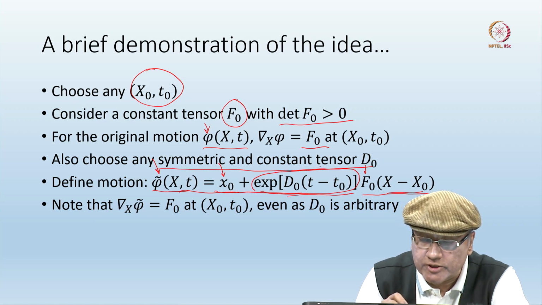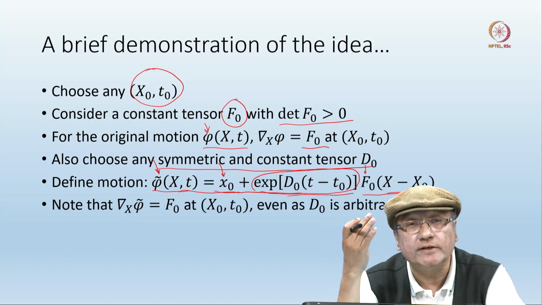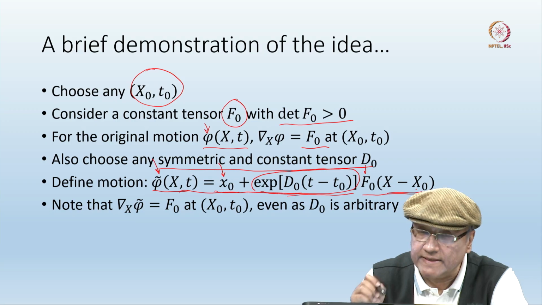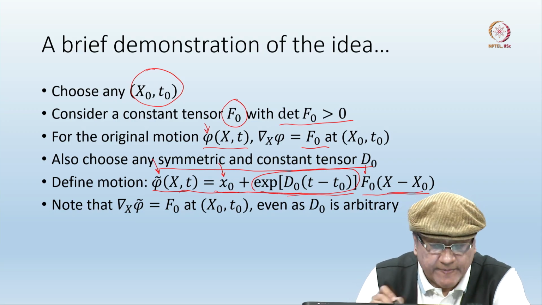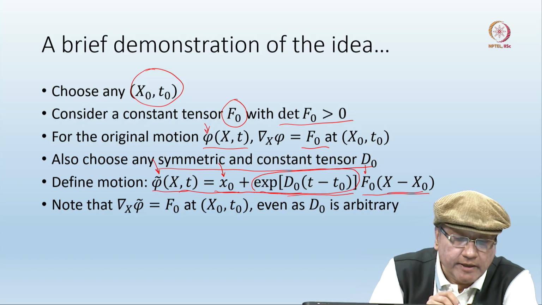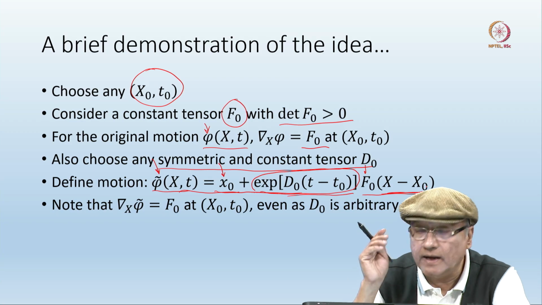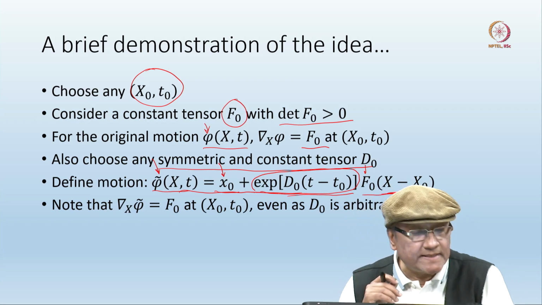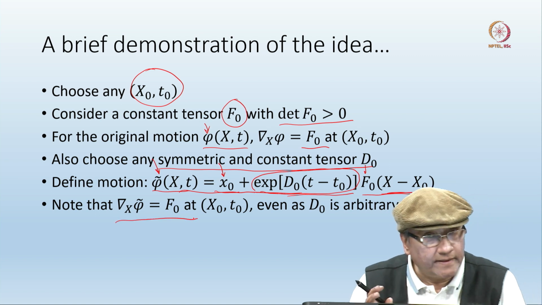So the exponentiation of this whole quantity becomes exponentiation of the 0 matrix, which is the identity matrix. The x minus x0 vanishes because you take the gradient with respect to x. So this becomes identity again, and f0 remains. We just saw that this is true.